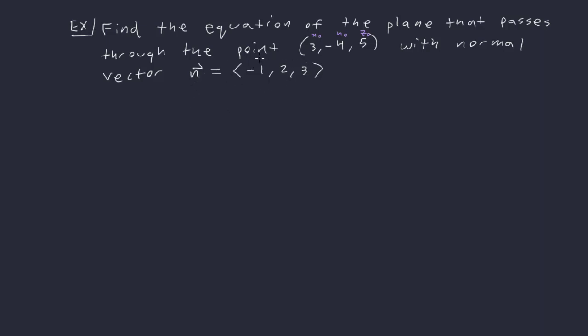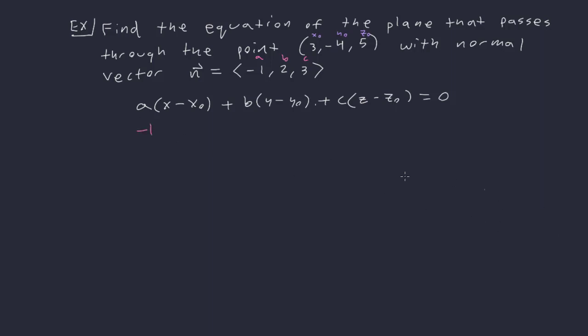As here, this is the vector, so this is A, B, and C. Okay, so the equation of a plane is always a times x minus x naught plus b times y minus y naught plus c times z minus z naught equals 0. And now you just fill in the pieces.